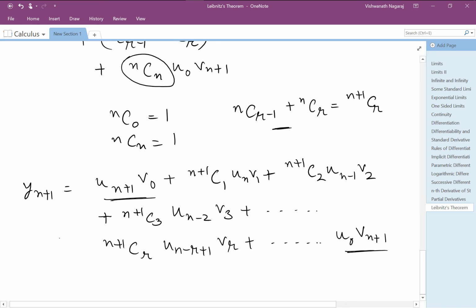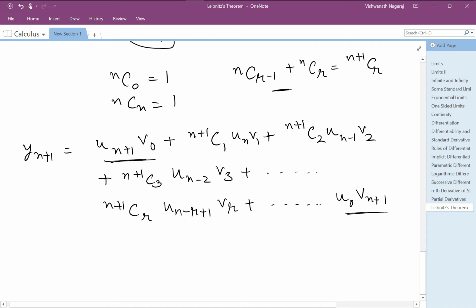So let's do a trick. Look at it like this. We know nc0 is equal to 1, ncn equal to 1. That means it doesn't matter what is there here. What matters is either in the subscript you have 0 or whatever is there in the superscript.